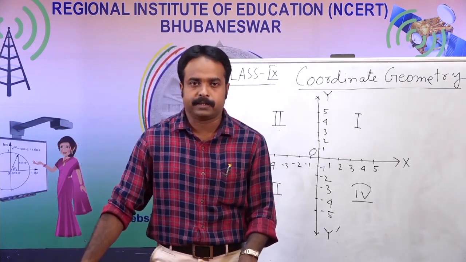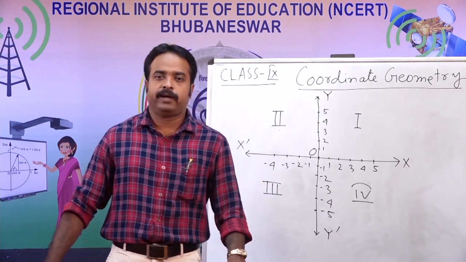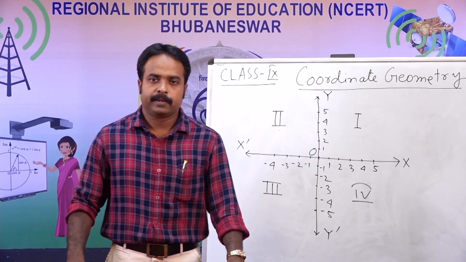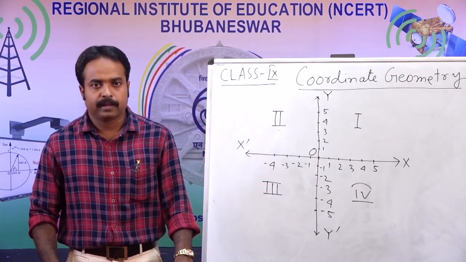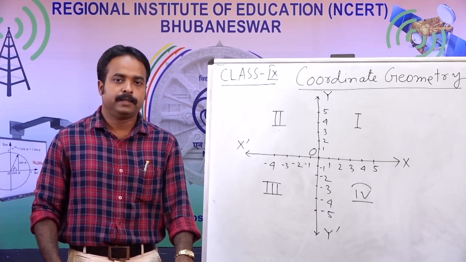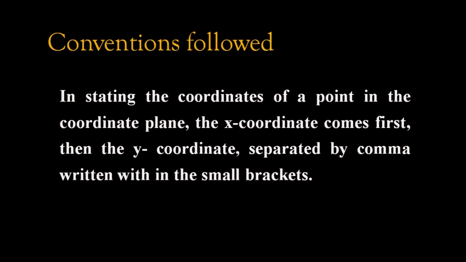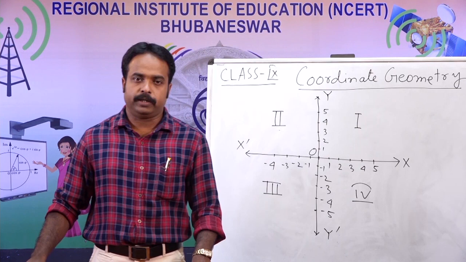And third convention: in stating the coordinates of a point in the coordinate plane, the x coordinate comes first, then the y coordinate, separated by a comma and written within small brackets. So these 3 conventions we have to remember whenever we deal with coordinate geometry.